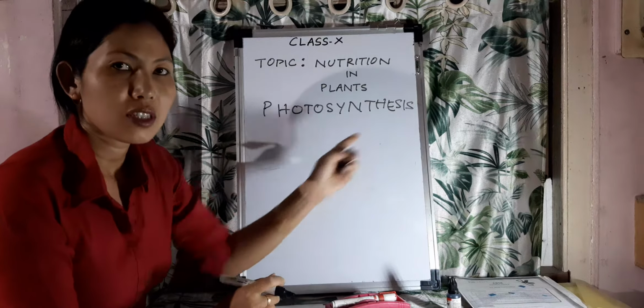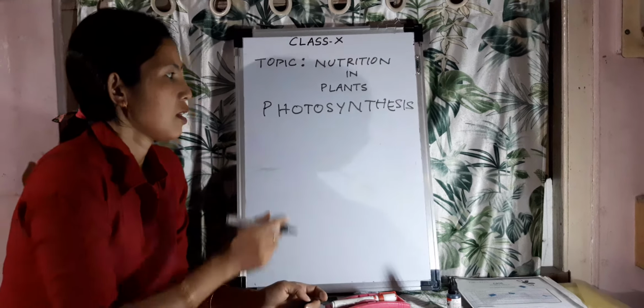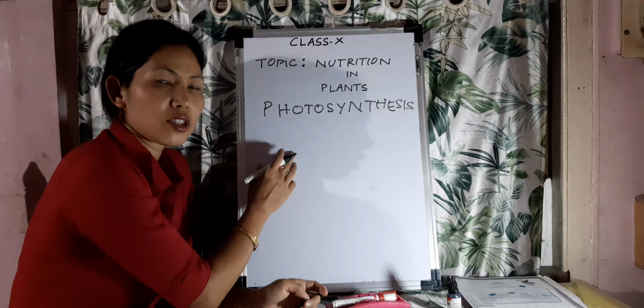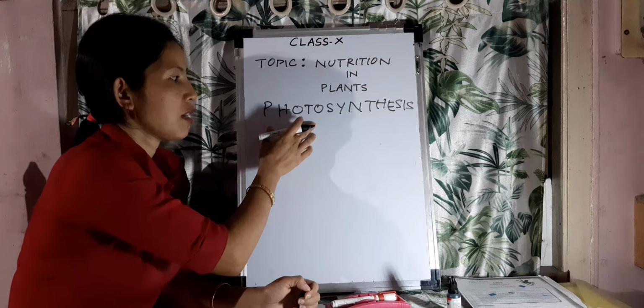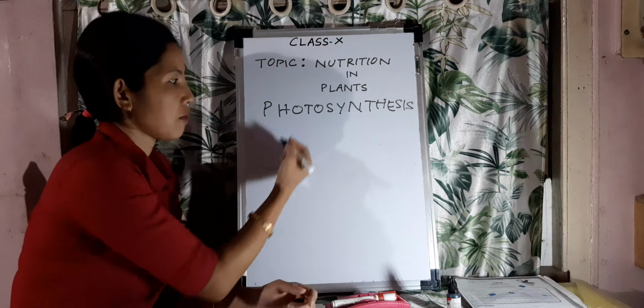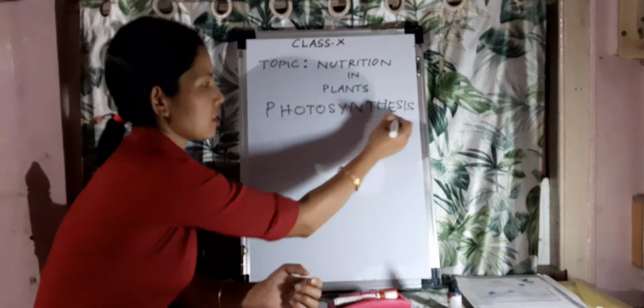The photosynthesis process involves the reduction of carbon dioxide into carbohydrate with the help of light energy. That is why the name photosynthesis.